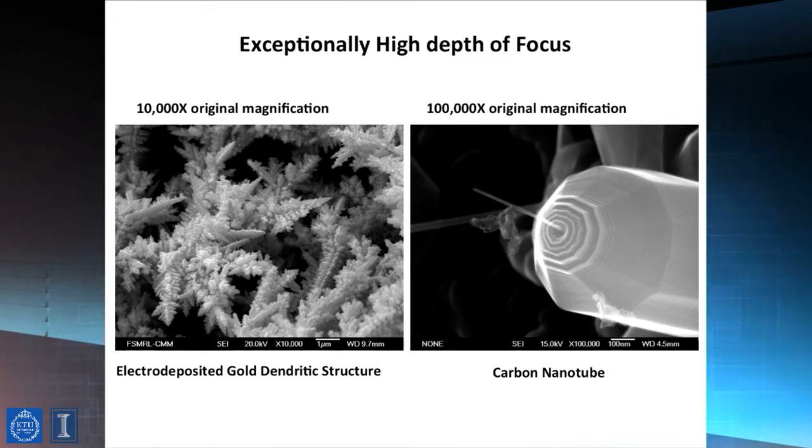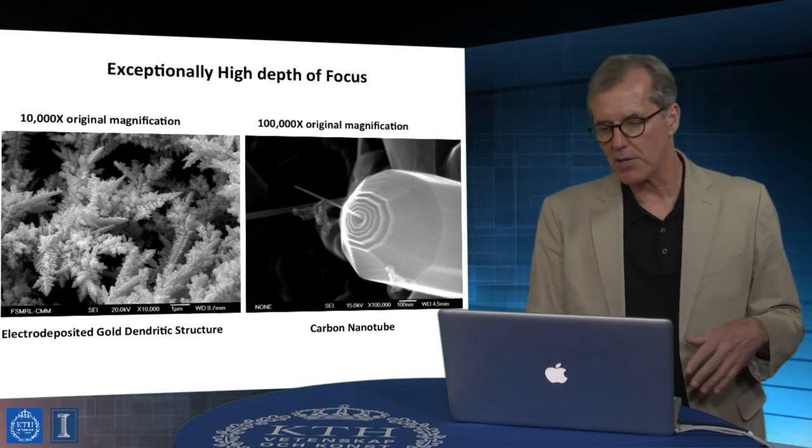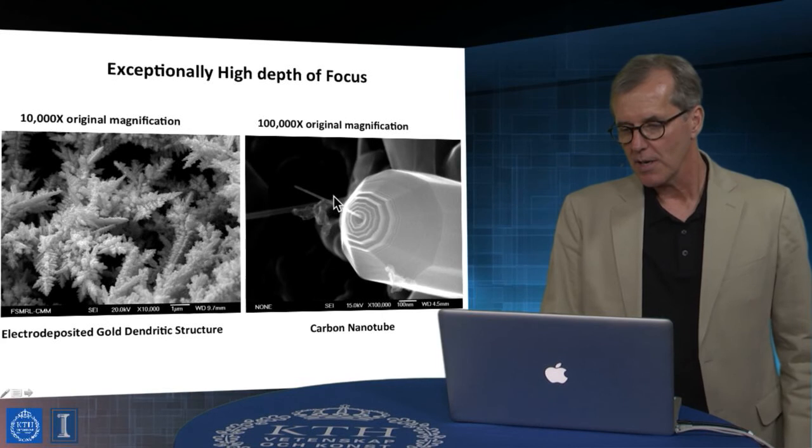And these are some examples of very high resolution images, but with absolutely incredible depth of view. So this is a 10,000 magnification. This is 100,000 magnification. If you look at this example here, this is a scale bar of 100 nanometers, and you notice here this is actually a carbon nanotube. Part of what's interesting to note here is that everything that I was sort of mumbling about in the last couple of slides is actually manifested very powerfully in this slide.